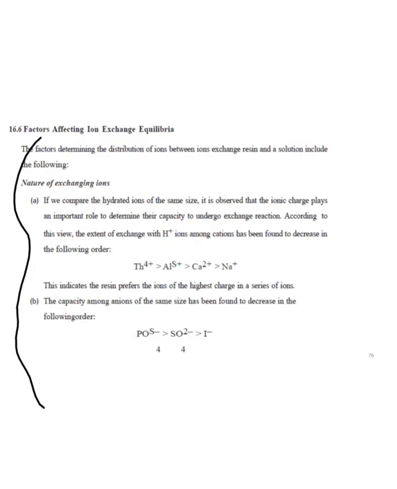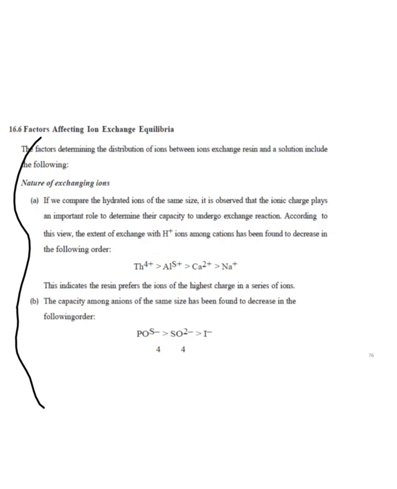Nature of the exchange ions. It mainly depends on the exchanging of the chemical compounds, the ions we are going to take. So the nature of those chemicals is important here.